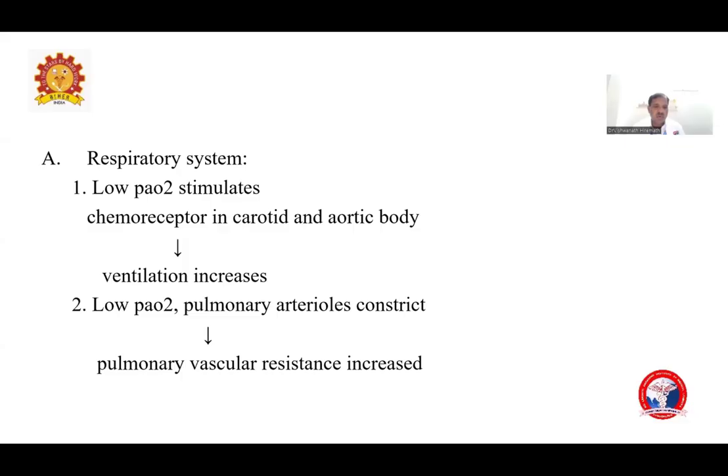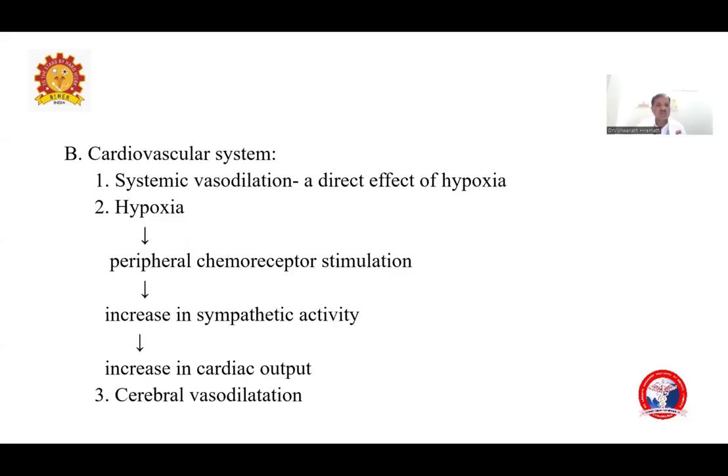And low PO2 leads to pulmonary arterial constriction, increased pulmonary vascular resistance. Cardiovascular: systemic vasodilation, a direct effect of hypoxia. Peripheral chemoreceptor stimulation increases the sympathetic activity, increasing cardiac output and causing cerebral vasodilation.